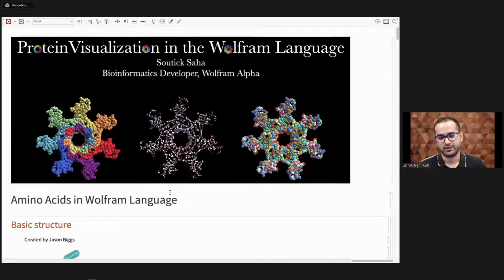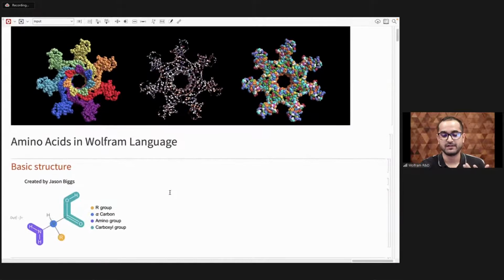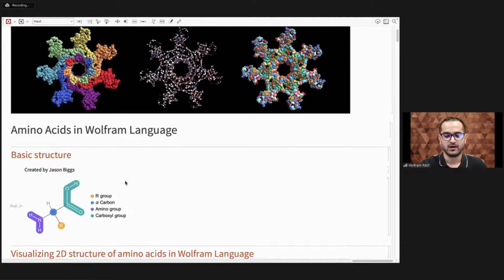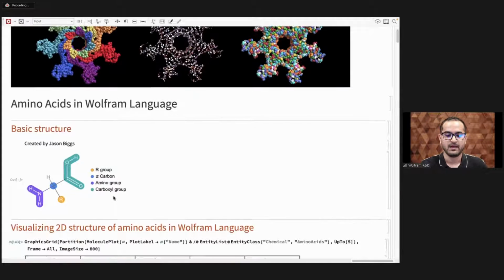So what are proteins? Proteins are nothing but covalently linked amino acids, which are folded into very specific structures. And amino acids are pretty simple organic molecules. This output is created by Jason Biggs of my team, and this shows the general structure of the amino acid. It has 5 important features.